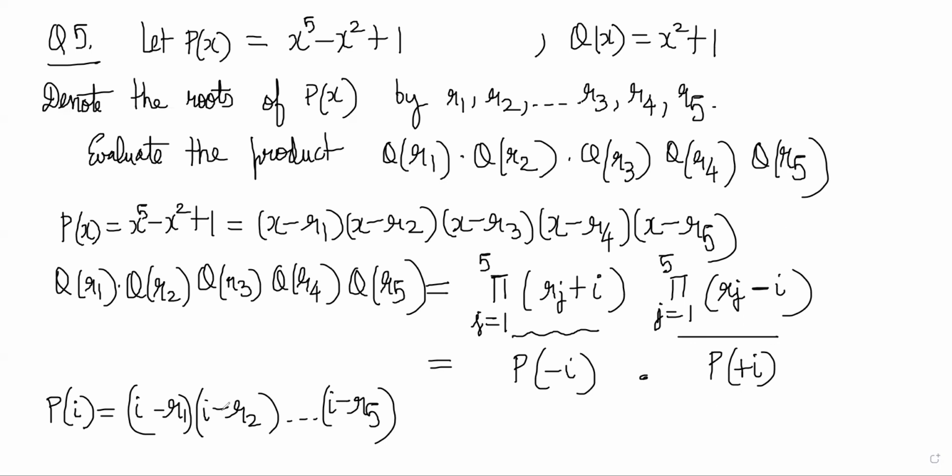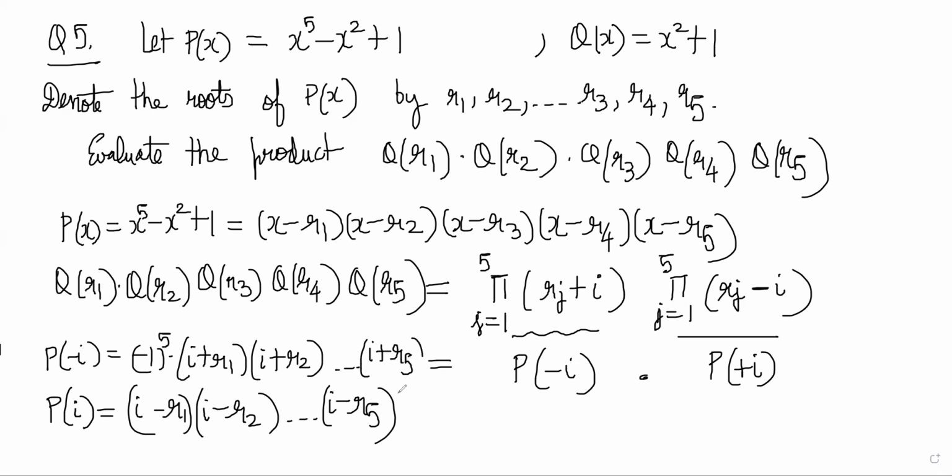So you can quickly see that P of minus I will be minus 1 power 5 times I plus R1, I plus R2 till I plus R5. And this was minus 1 power 5 times R1 minus I, R2 minus I till R5 minus I.